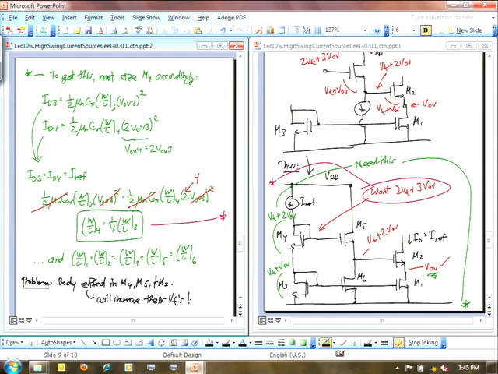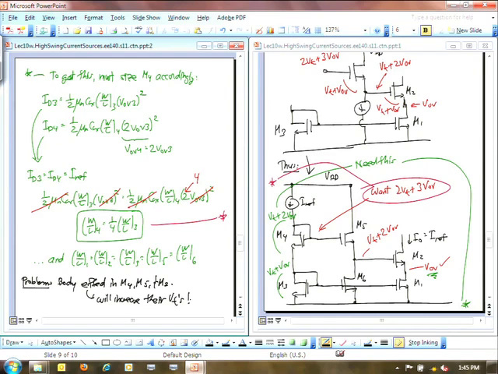Okay, so what do we know about this circuit now? If we take into account that we have different VTs for each of these devices, I could say this device here is going to have across it a VT3 plus a VOV. This device is going to have its VT4 plus 2 VOVs, if I've designed it to be 1/4 of the size of all the other devices.